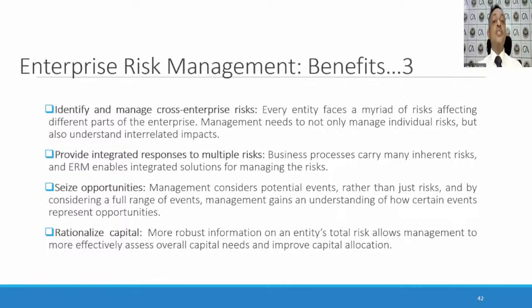Identify and manage cross-enterprise risk. This is very, very important. So please understand. Let me try to give a more practical example. Imagine the e-merchants: Amazon, Flipkart, Snapdeal, Myntra, Jabong, and so many others. There are a number of parameters that denote the success of these companies.